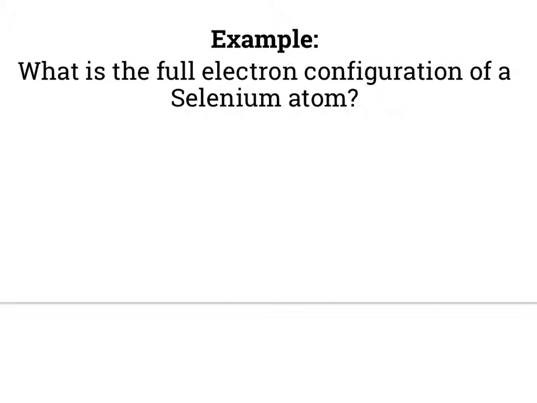Alright, welcome back. So selenium, which is Se, has a total of 34 electrons. So we start at 1s. S orbitals, there's one of them that appears, so we have a total of 2 electrons that can go in there.